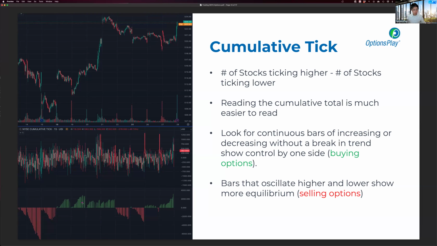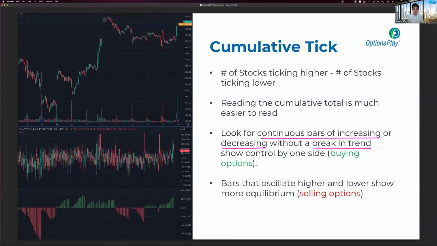Consecutive green bars mean it's increasing and continuing to increase. When you see these dark bars, that means even though it's still positive, it's decreasing. What you're really looking for are continuous bars of either increasing or decreasing without a break in trend. That's what shows you whether buyers or sellers have control.